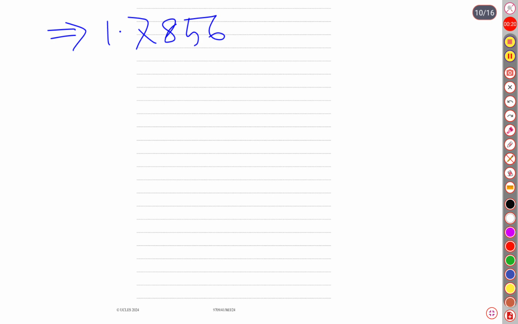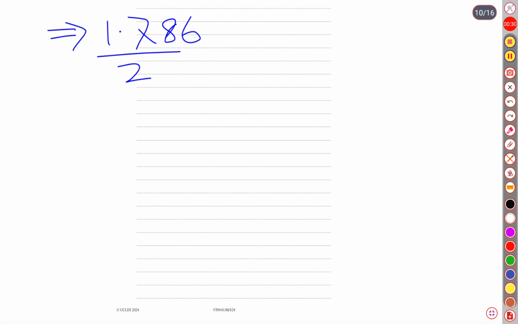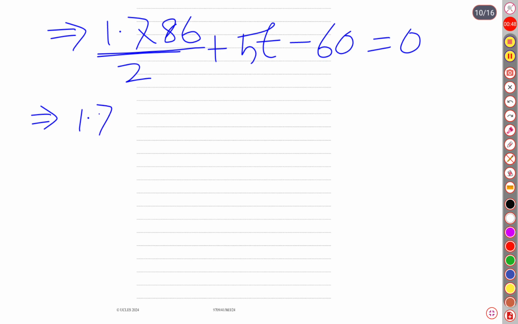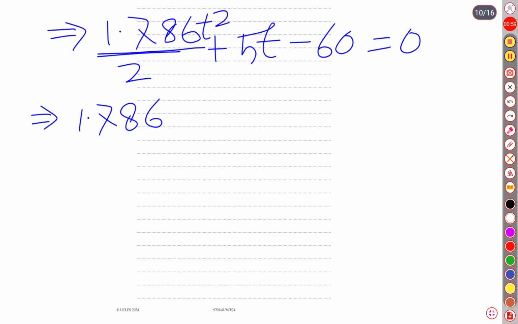If we simplify these, we will get 1.786 t squared plus 10t minus 120 is equal to 0.